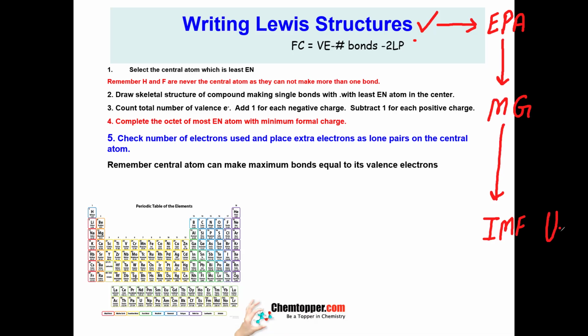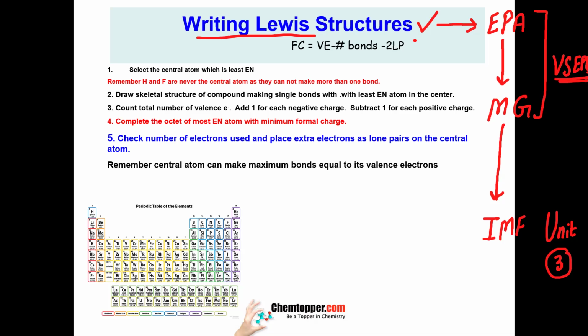Is unit 3. So EPA and the molecular geometry is the part of learning of VSEPR. But if only problem is with the Lewis-Dot structure, you will do error in the Lewis-Dot structure. If you are not a good student, then error will be there in the Lewis-Dot structure only.